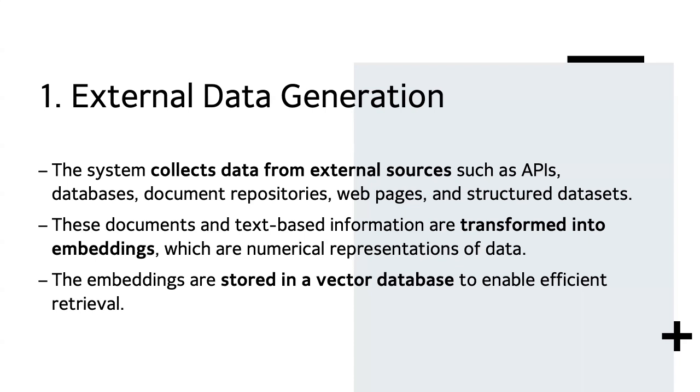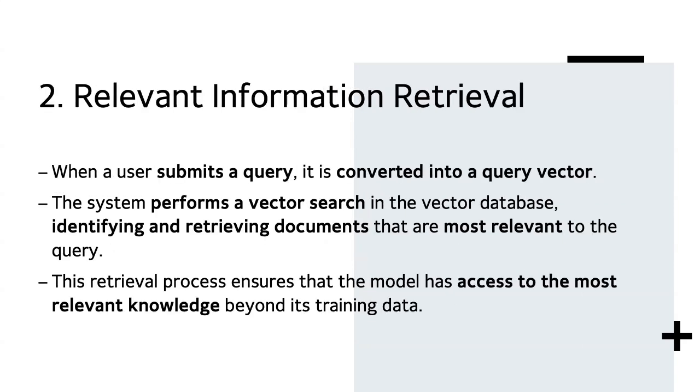These text-based documents are transformed into embeddings, which are numerical representations of vector data. And the embeddings are stored in a vector database to enable efficient retrieval. The reason why we vectorize is because a vector consists of numbers, so it's easier to store and retrieve the data from there.